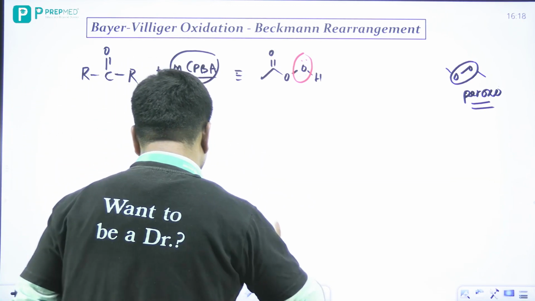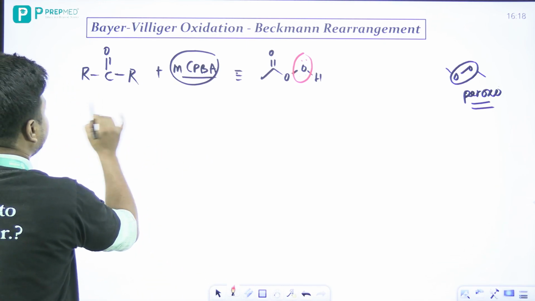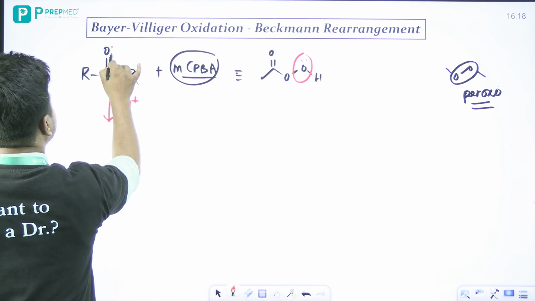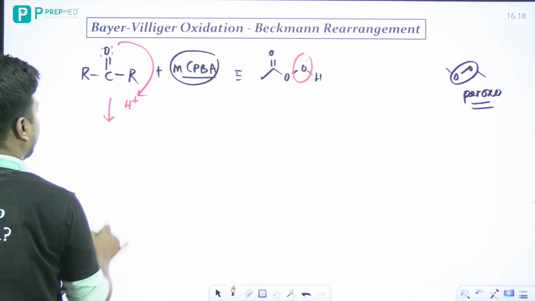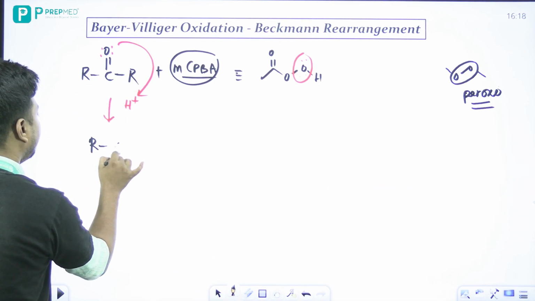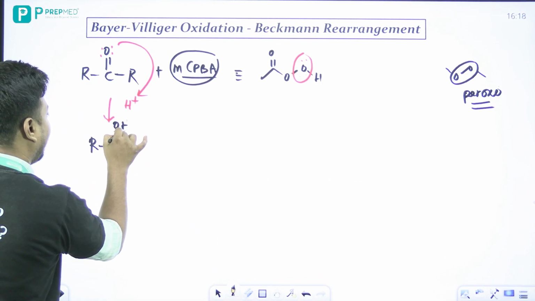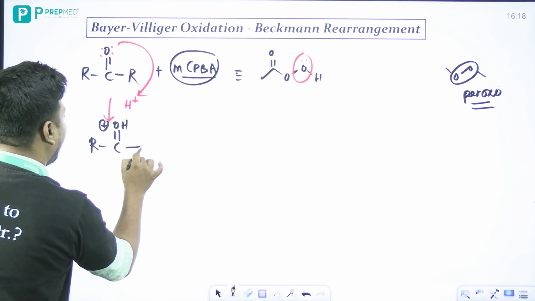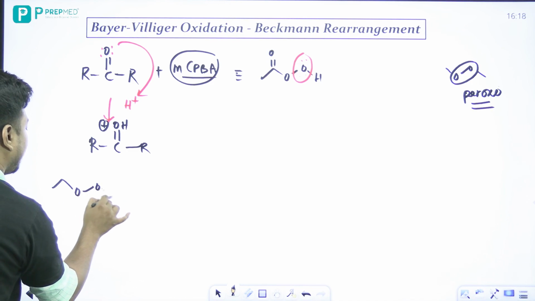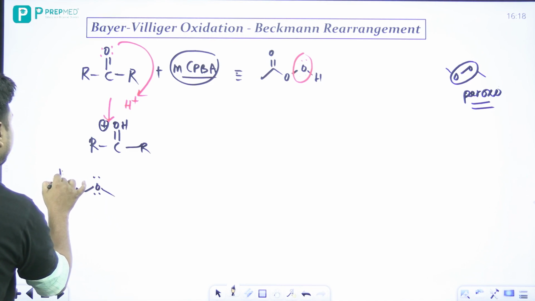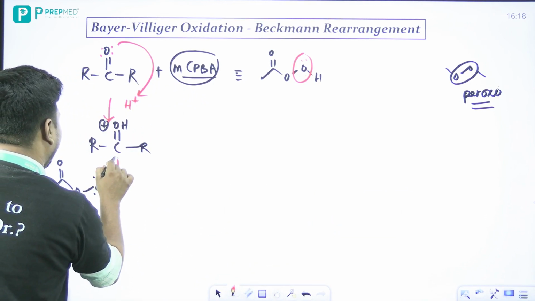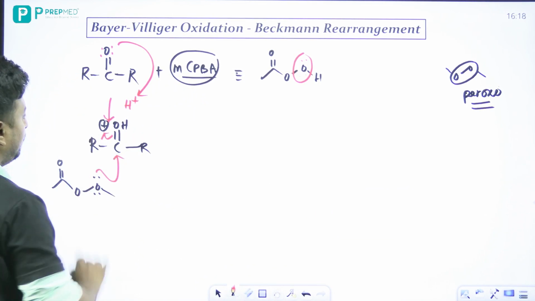Let's see what kind of compound is formed. In acid medium, this lone pair will first be protonated. So what will be the product here? R C double bonded OH plus, R. And here the oxygen of the peracid attacks here and releases the OH.